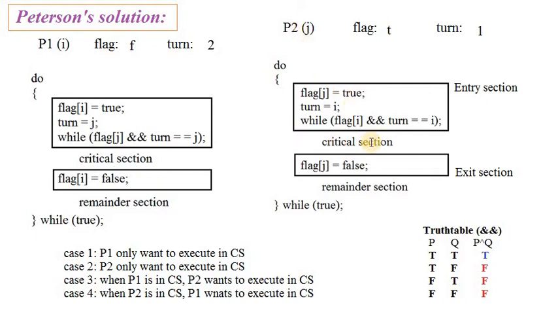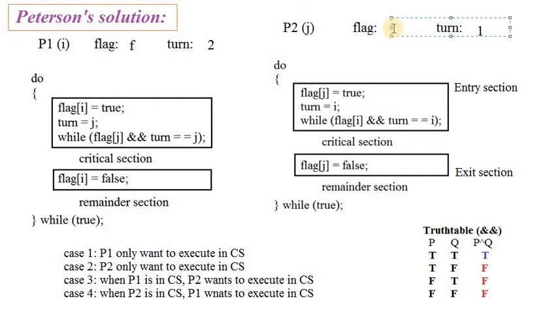So P2 has entered into the critical section and it will execute whatever statements are there in the critical section successfully. Then after successful execution of the critical section, it will enter into the exit section. In this, the flag of J bit will be set to false. Previously it was true, now I am setting it as false.